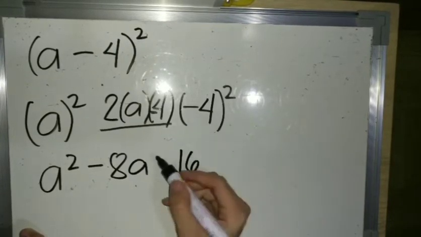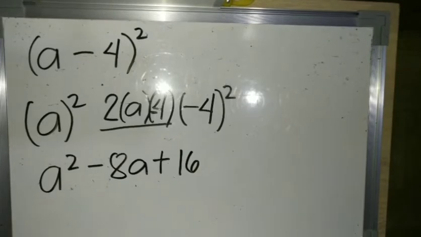And then, negative times negative is positive. That's why the answer here is A squared minus 8A plus 16.